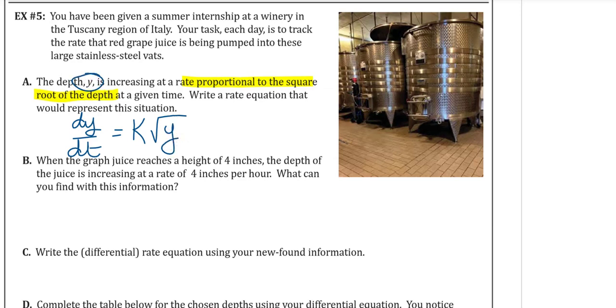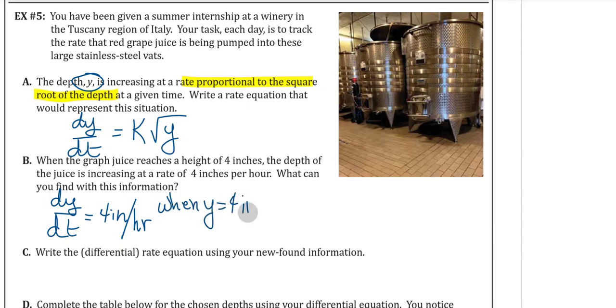When the grape juice reaches a height of 4 inches, so that's a depth, the depth of the juice is increasing at a rate of 4 inches per hour. What can you find with this information? Here's what we're given: dy/dt is 4 inches per hour, and that happens when y equals 4 inches.